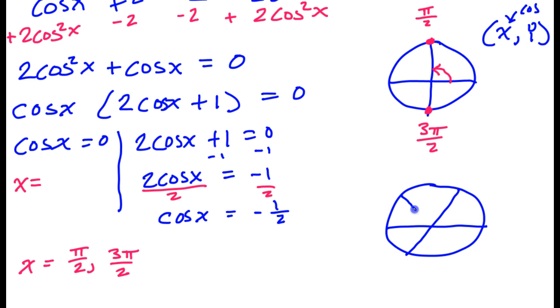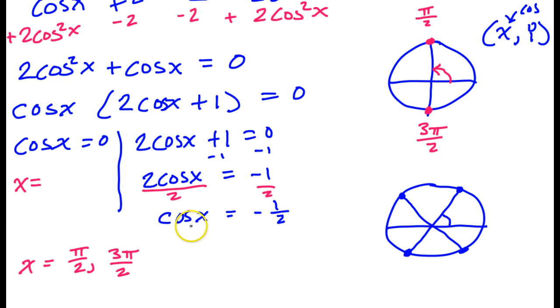So if I look at the top half of the circle, that is a semicircle, I know that that's pi, and each one of these is a third of that. So these are the angles where the reference angle is pi over 3, because this is pi over 3. Now, two of these will be positive, and two of them will be negative.